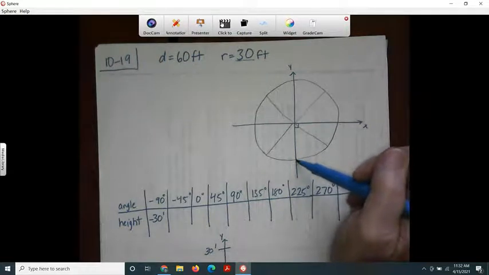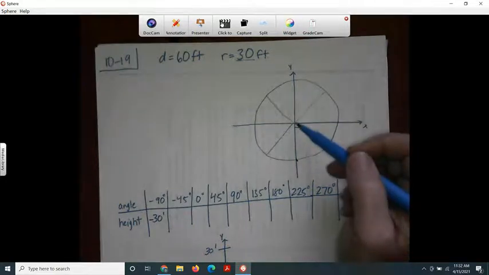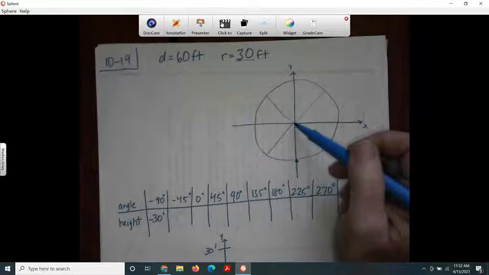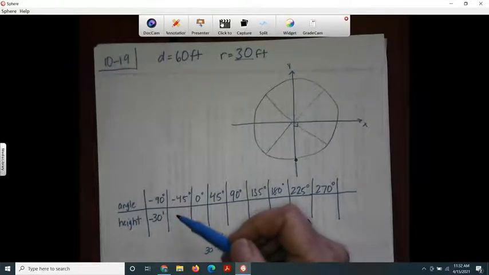Or in other words, if my seat was right here, I'd have to climb up 30 feet to get to ground level, or the level of this axis. So -45. Okay, so -45 is this right here.